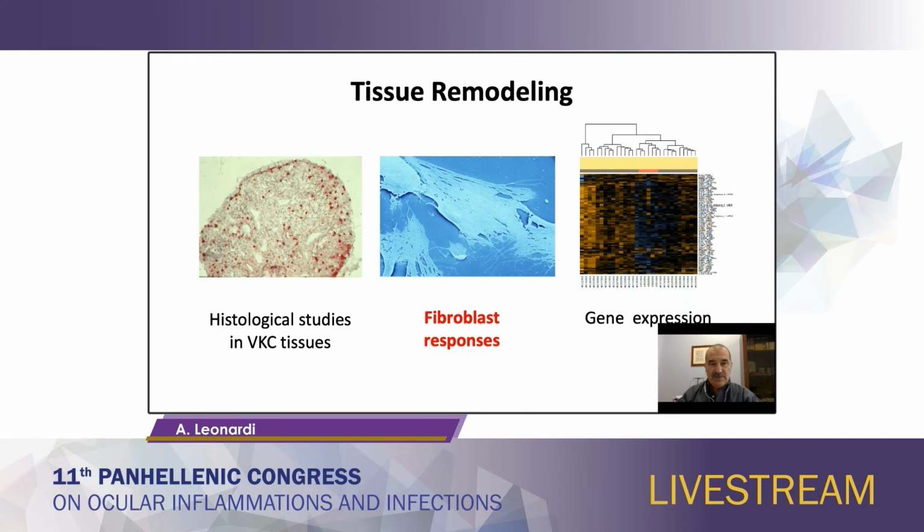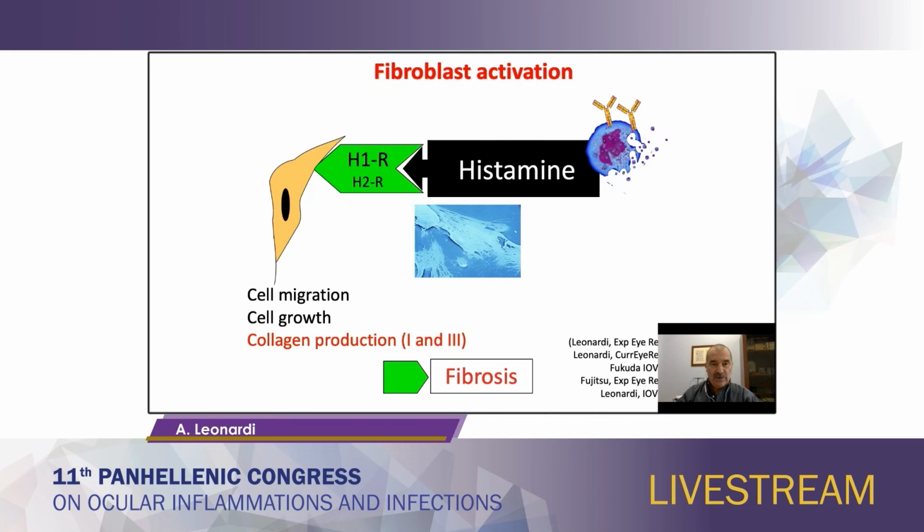The second aspect we would like to touch on is the fibroblast response. Over the years, we've been looking at different stimulations of fibroblasts, starting from histamine. Histamine is the main mediator released by the allergic response. We have shown that histamine, through H1 and H2 receptors, stimulates fibroblasts in the production of different collagens and therefore induces fibrosis.